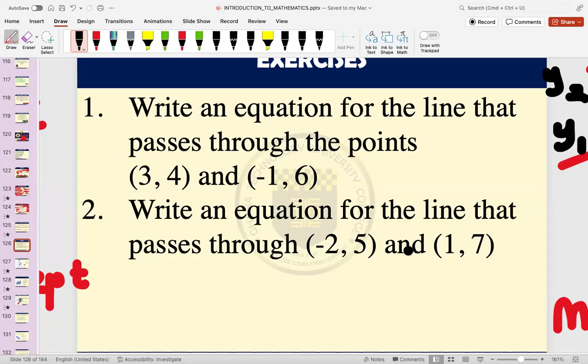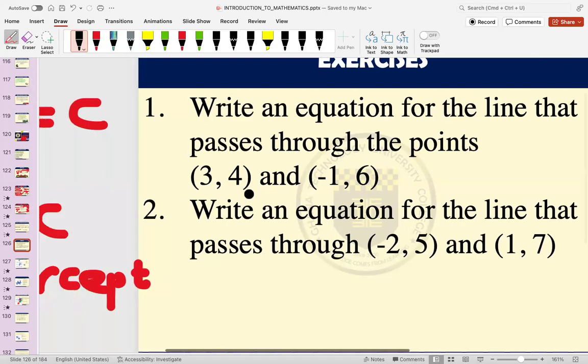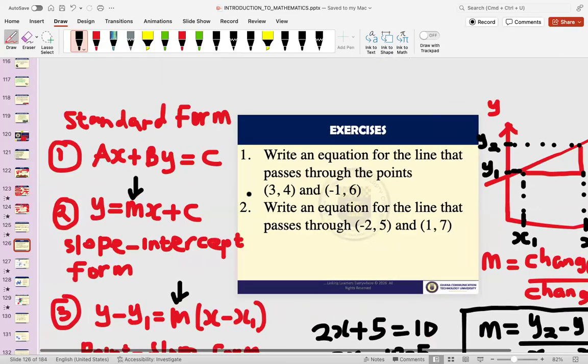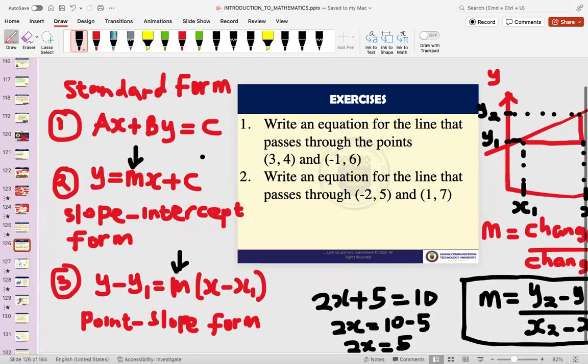So in the writing of the equation, we may have to come out with one of these. Either our equation should end up becoming a standard form linear equation, or a slope intercept form equation, or a point slope form equation.